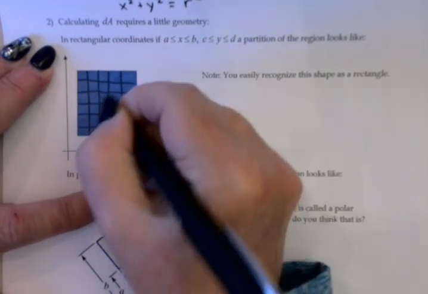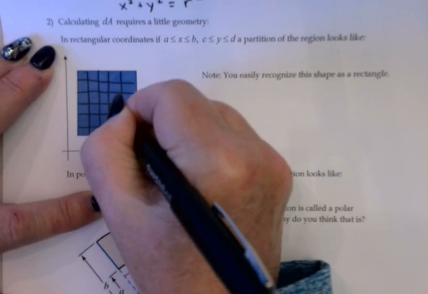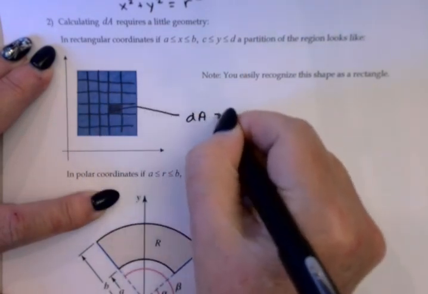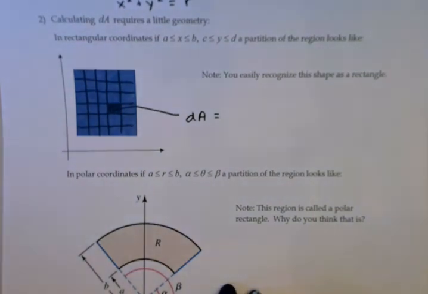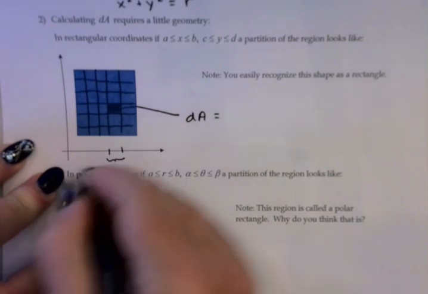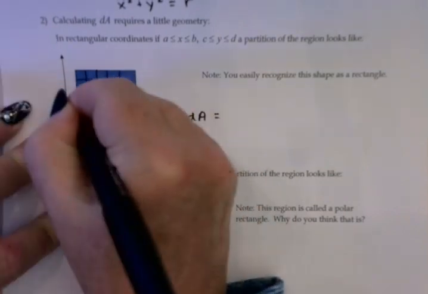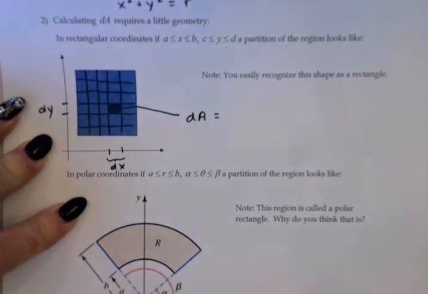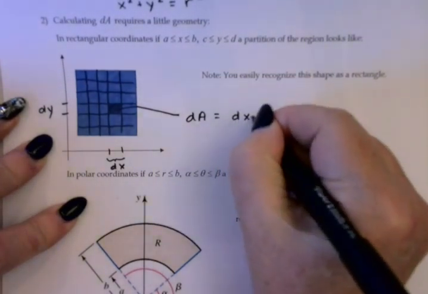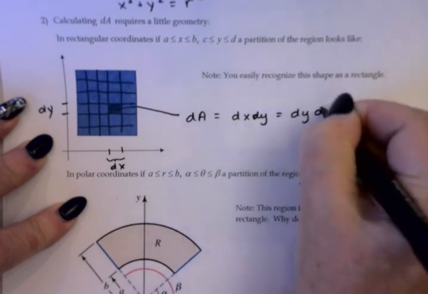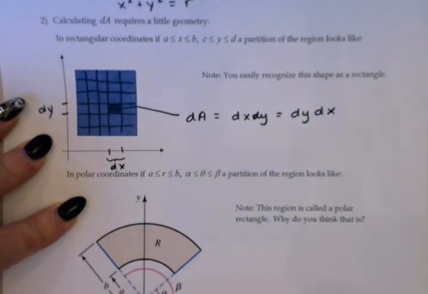Like so, right? And one of these little rectangles is our dA. That little rectangle, we could say, has length dx and width dy. And so dA was just dx times dy, or possibly dy times dx, it wouldn't matter, as far as the geometry was concerned.